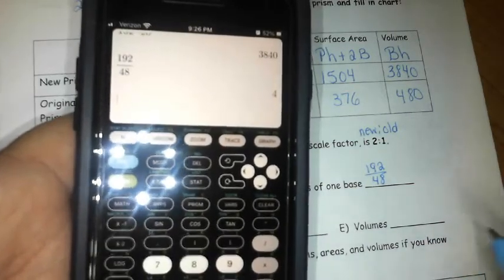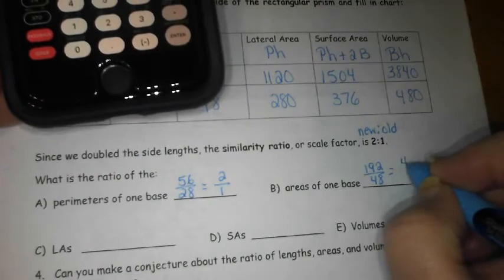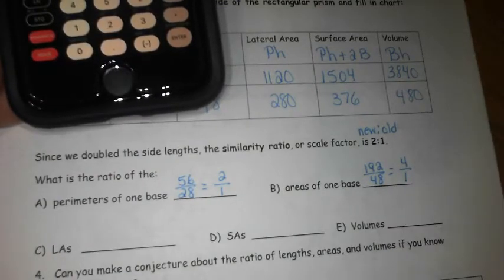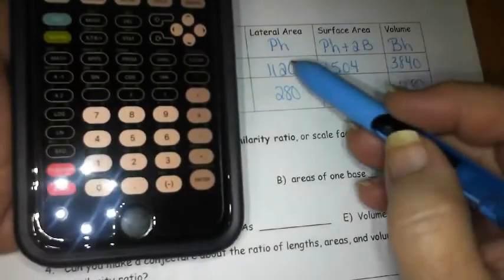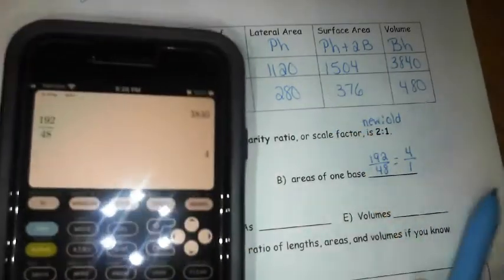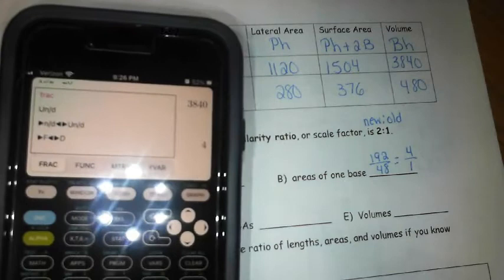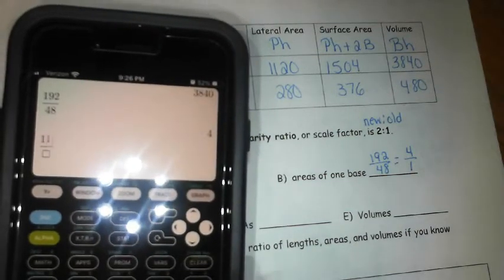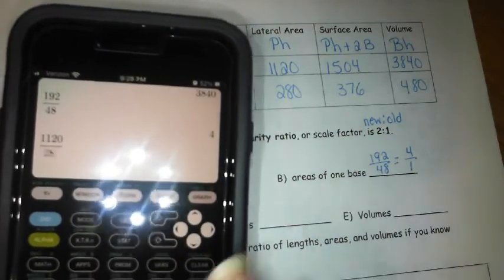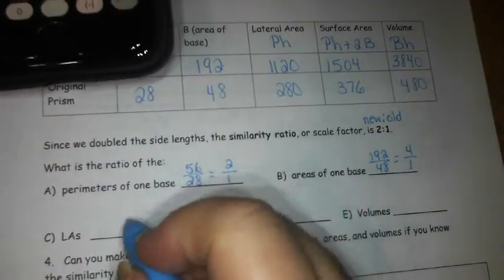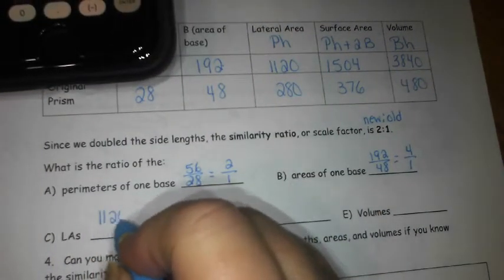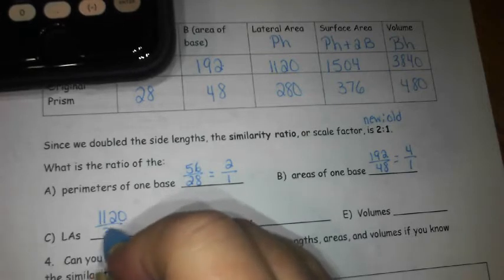That's 4. So I'm going to write that as 4 to 1. Interesting. The lateral areas, 1,120 over 280, also 4. I find that very interesting.